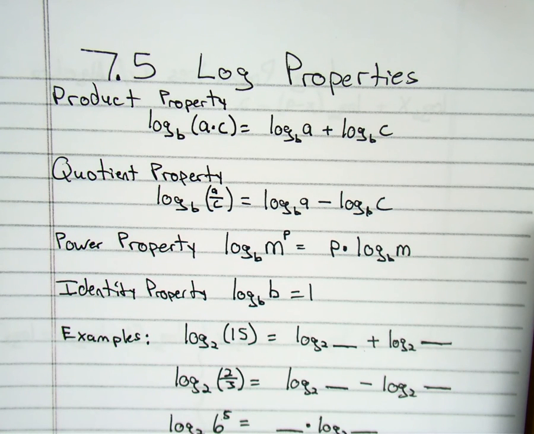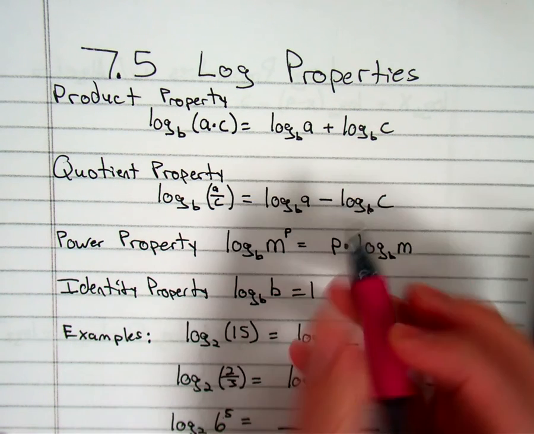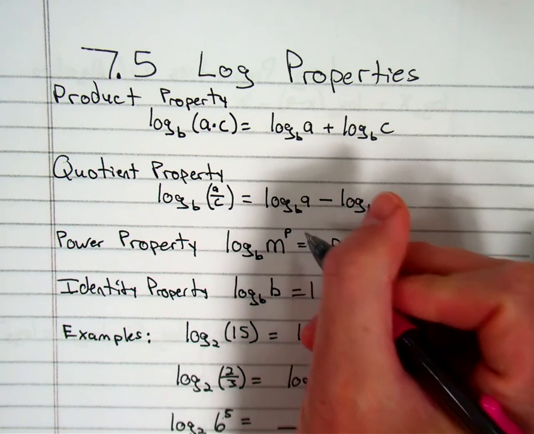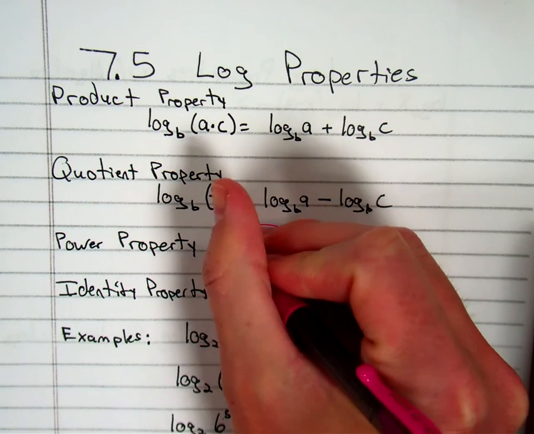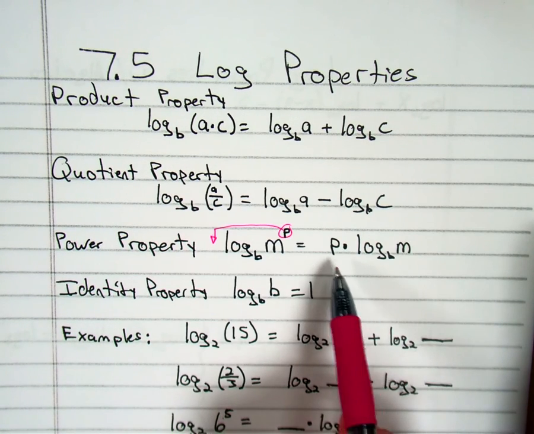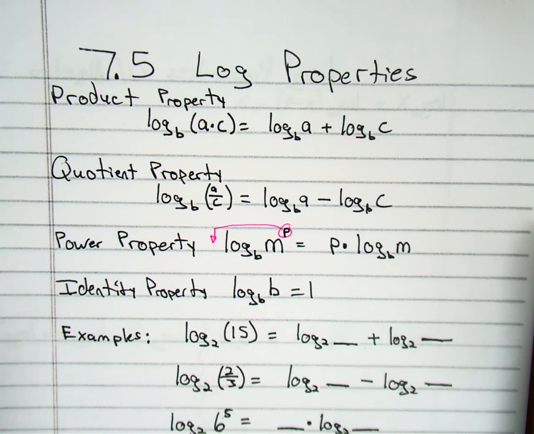Quotient property, similar to the product property, but instead the quotient property is going to subtract those two. Power property, this is a very big one. Log base b of m to the p power, you can slide that p down in front and have it be p times log base b of m.